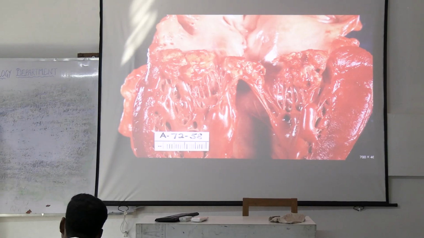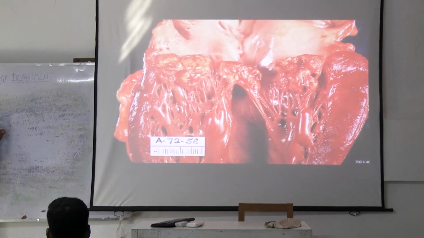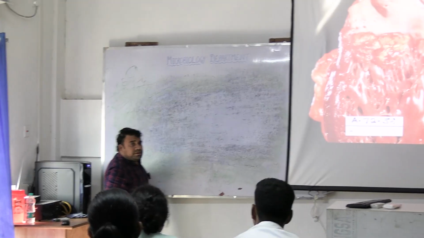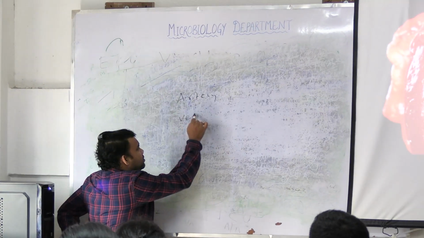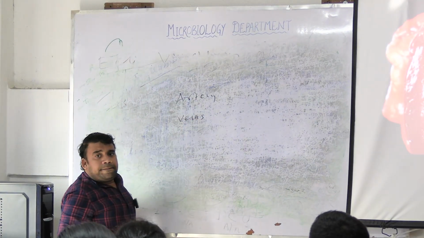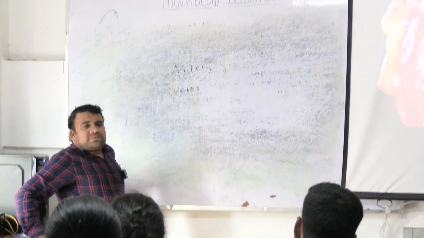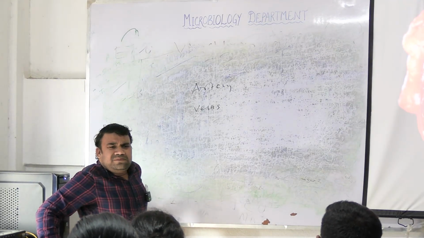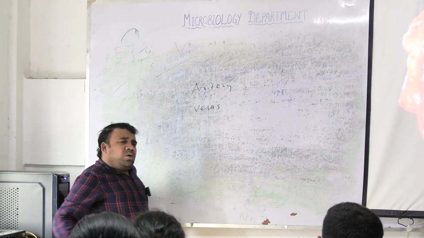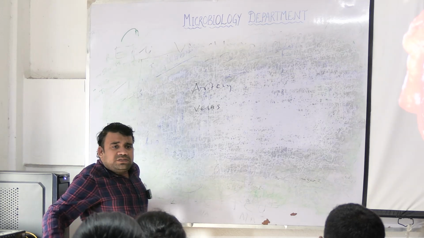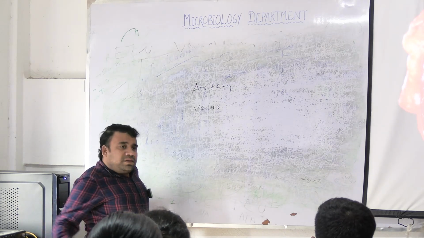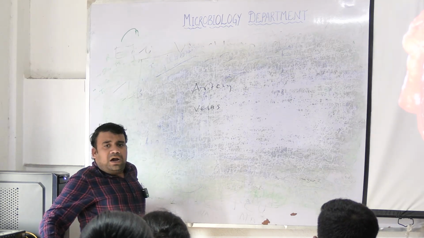Artery and then veins. Anything else? Lymphatics, which is part of the reticuloendothelial system. And the biggest vessel, the heart.